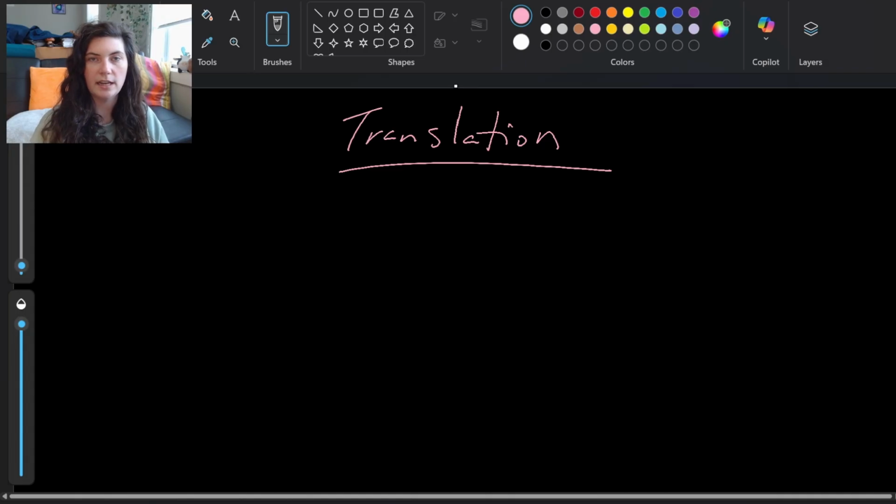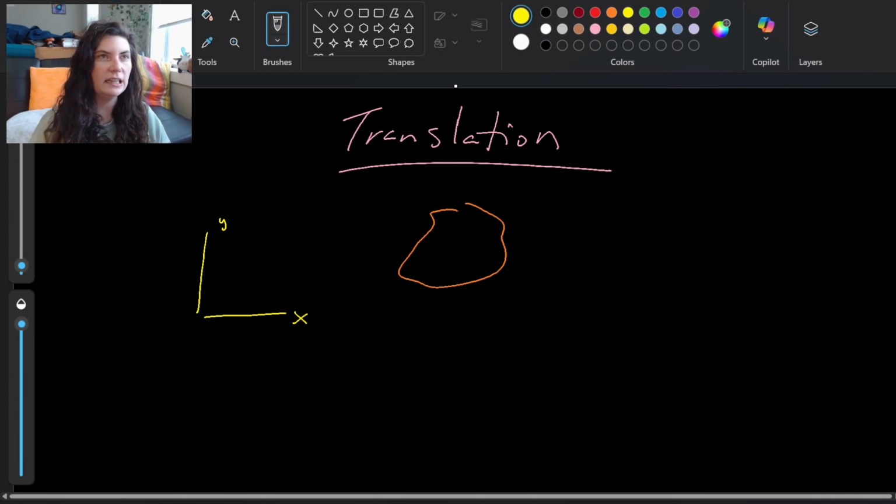So for our translation, that just means that our body is moving somewhere in planar space, somewhere within a plane. For example, we likely have some XY plane, and we have some body that's being translated somewhere in that plane. We're still in our plane, we're just not necessarily located at the origin.